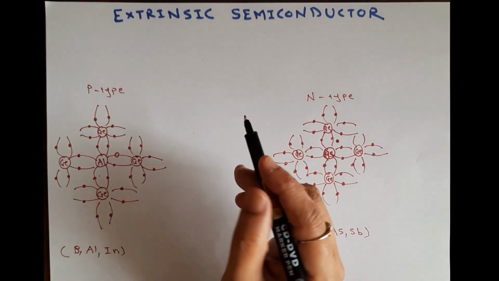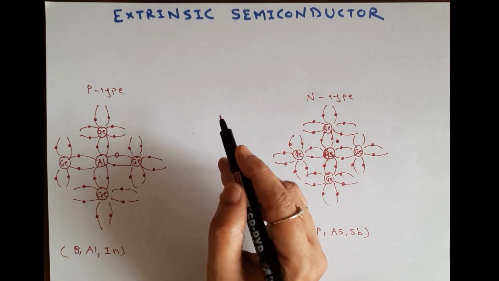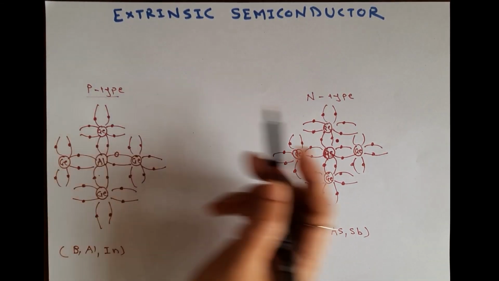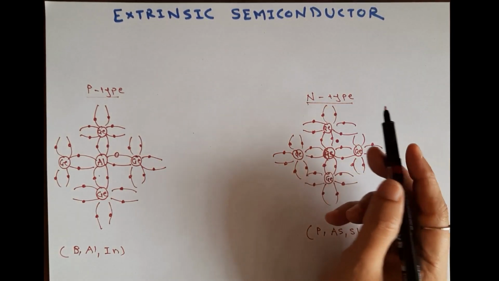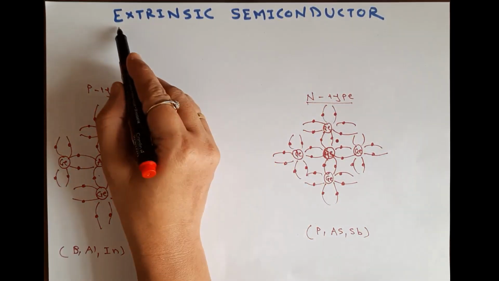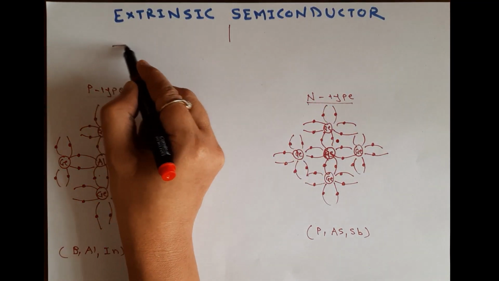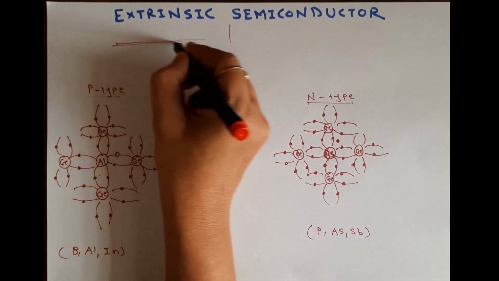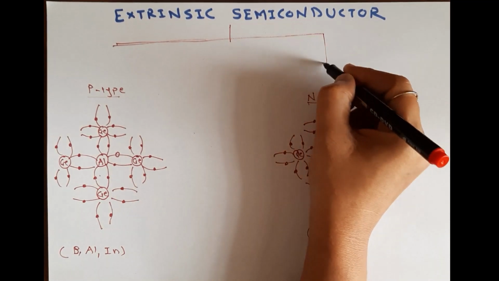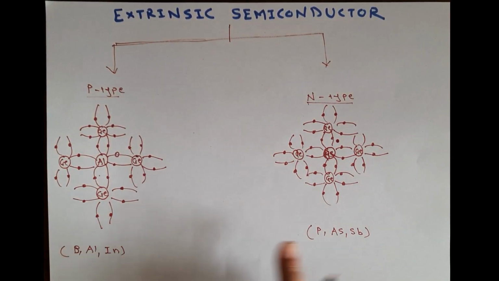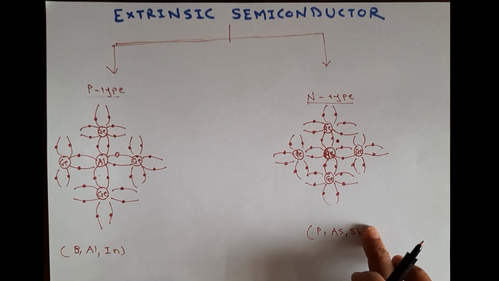By doping impurity into a pure semiconductor, we get p-type and n-type semiconductor. These are known as extrinsic semiconductors. So there are two types of extrinsic semiconductor, that is p-type semiconductor and n-type semiconductor.